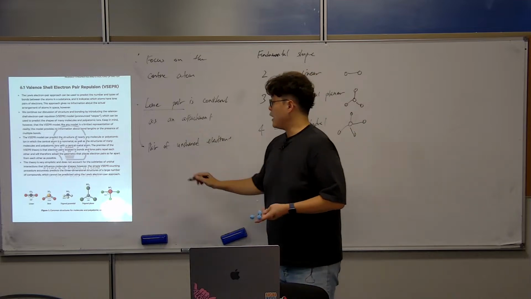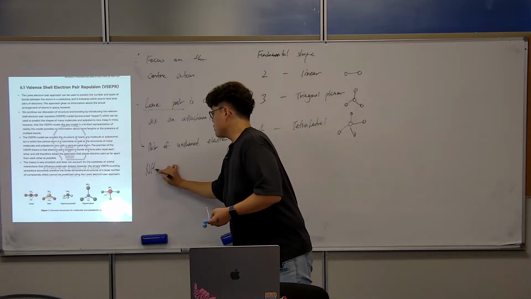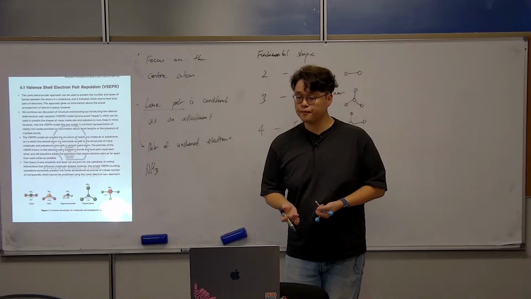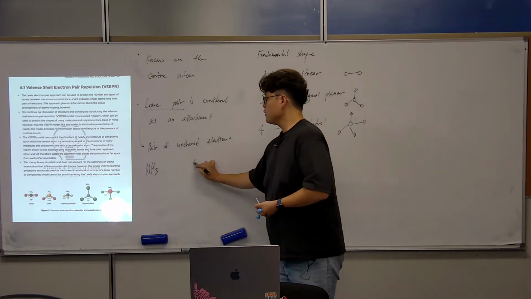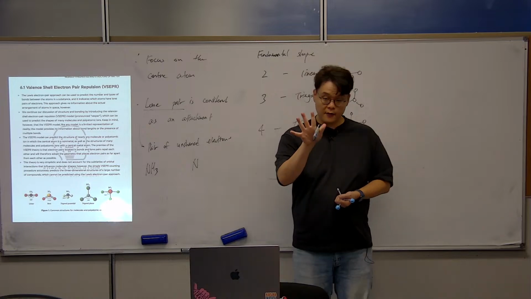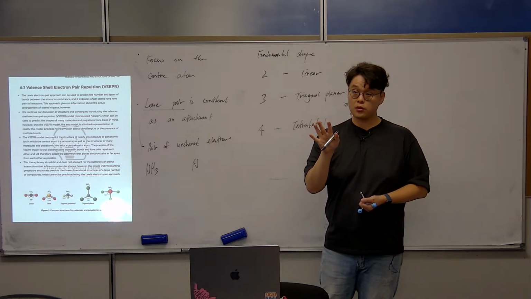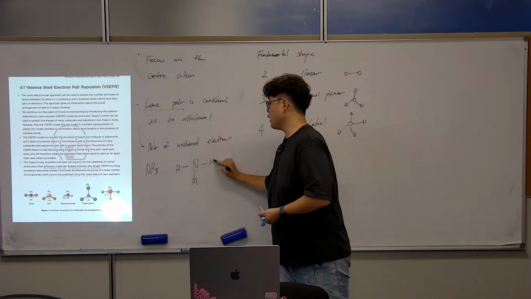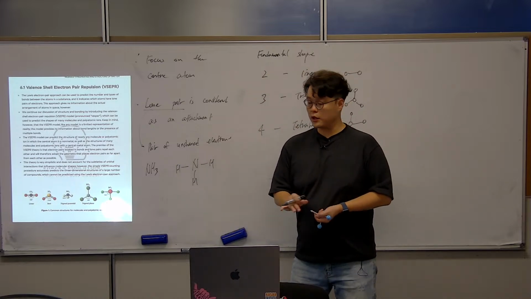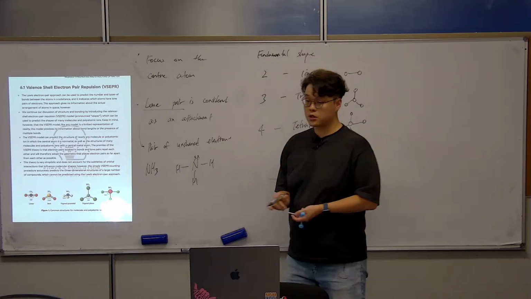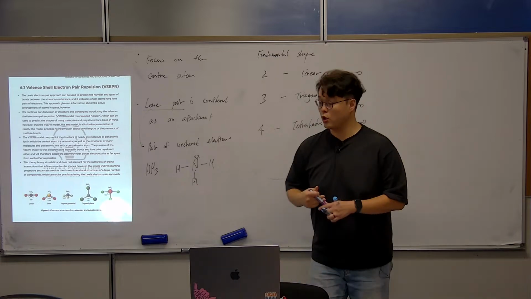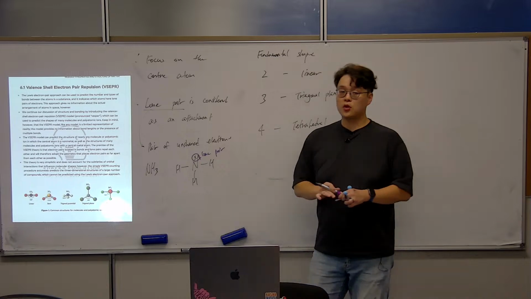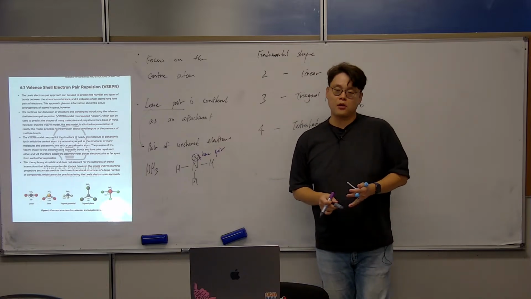So for example, if I ask you to draw NH3 in the Lewis structure, then you probably learned that nitrogen has 5 valence electrons, so it can share up to 3. So you will share 1, 2, and 3, and then leave 2 electrons on the top. This is your lone pair, also known as lonely pairs, not belonging to anywhere.